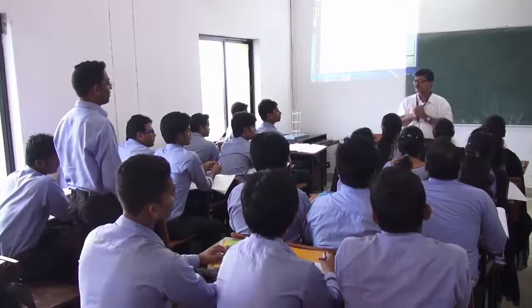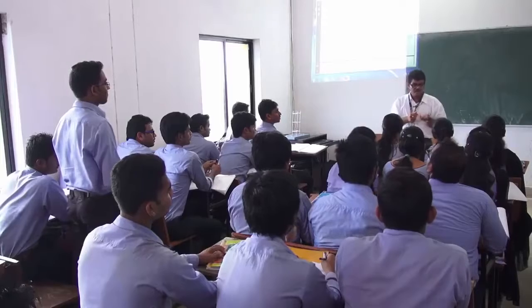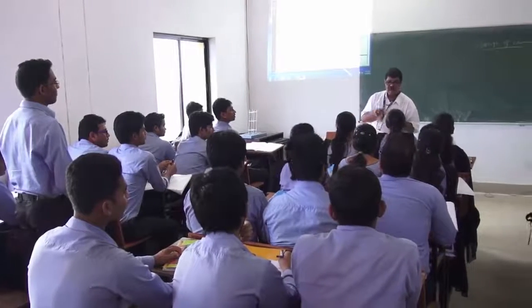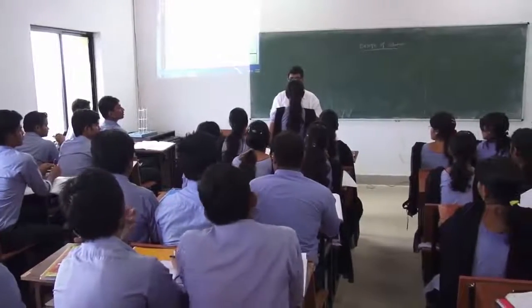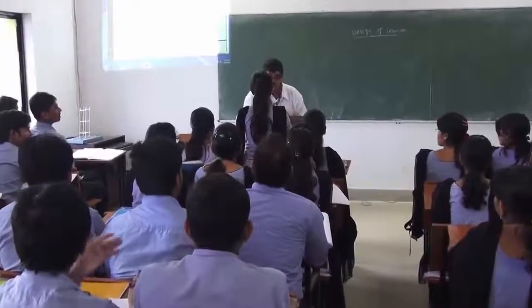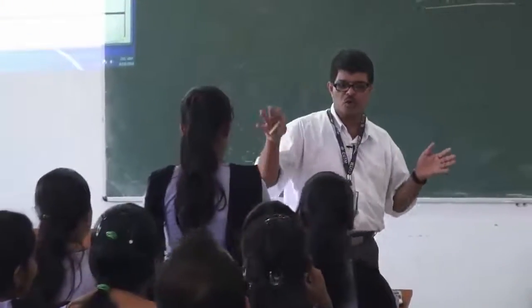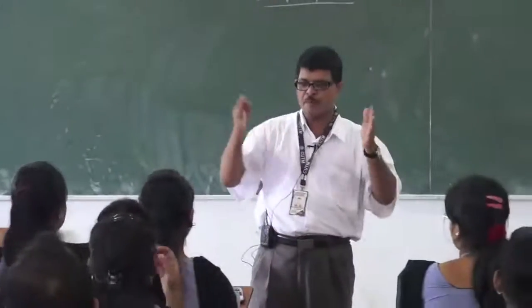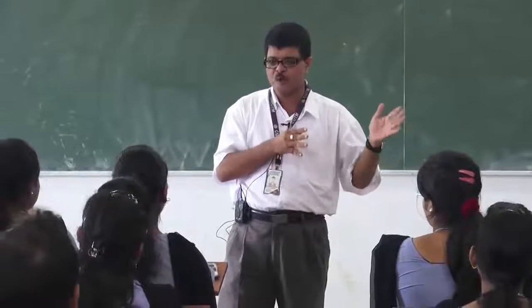How does the load come to the beams? From the roof slab. So from the roof slab, the load will be transferred to the beams. From the beams, the load will transfer to columns as forces and moments.